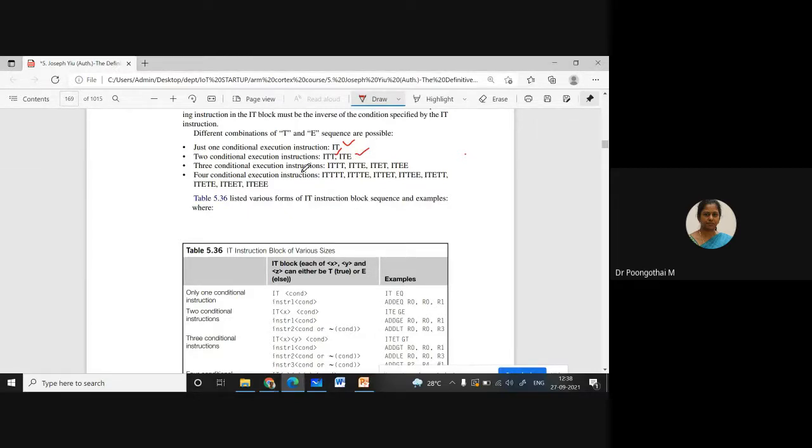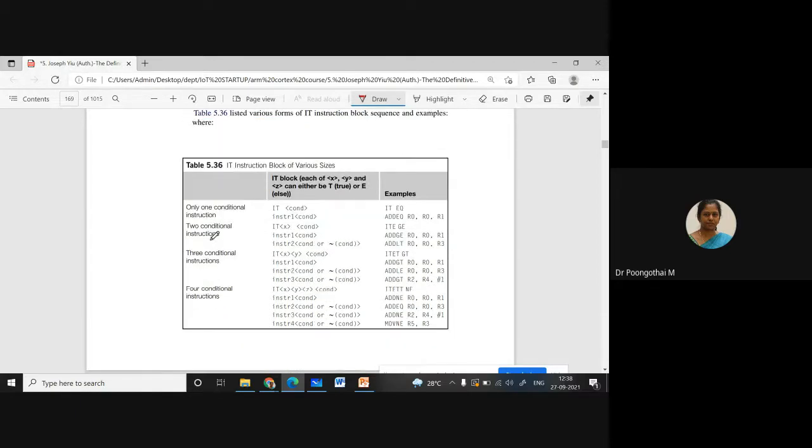For three conditional execution, we have four combinations: ITTT, ITTE, ITET, ITEE, that is if then else else. So we can incorporate three conditional execution instructions under this category. For four conditional execution, how many combinations? 1, 2, 3, 4, 5, 6, 7, 8 combinations.